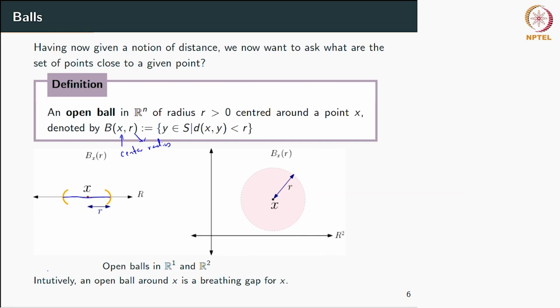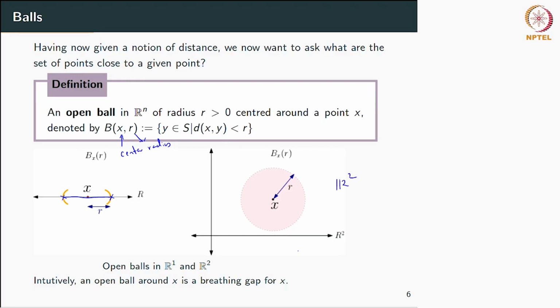Here the open ball is denoted by the round brackets. The interpretation is that it consists of all points except the end points. So, these points are excluded from this open set.